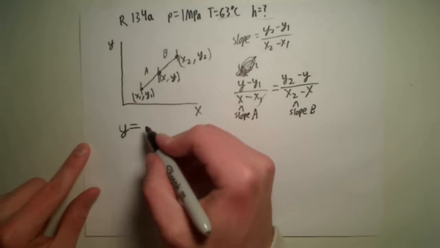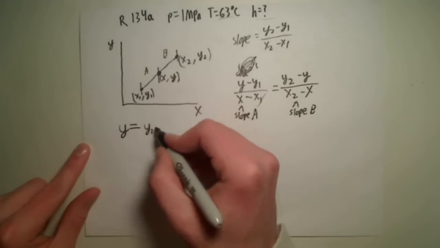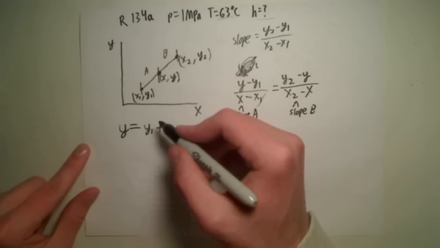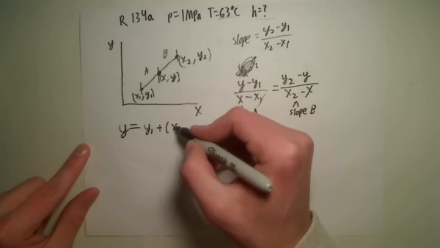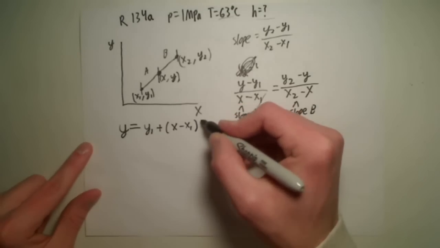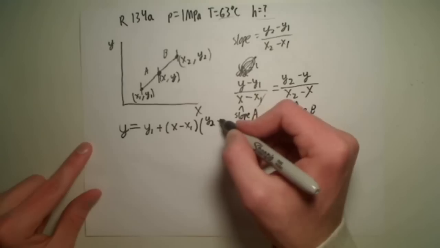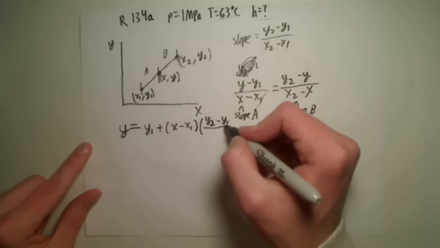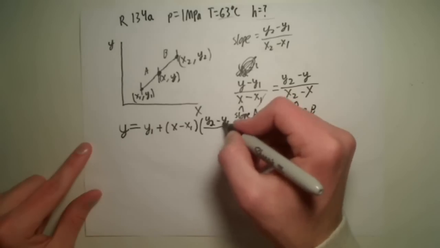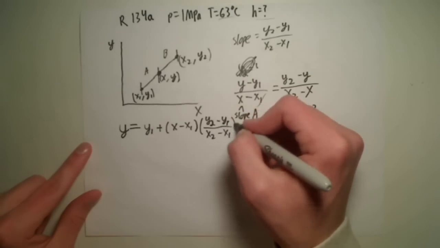y equals y1, the initial state of y, plus (x minus x1) times (y2 minus y1) over (x2 minus x1).